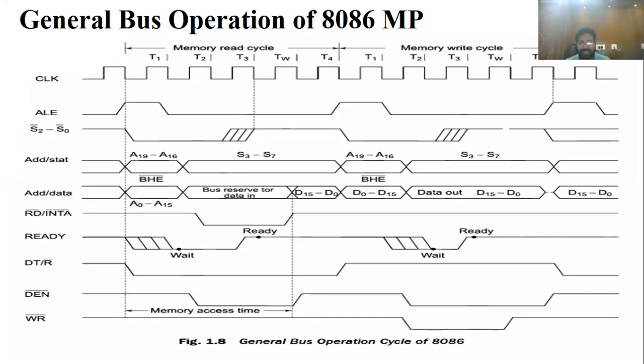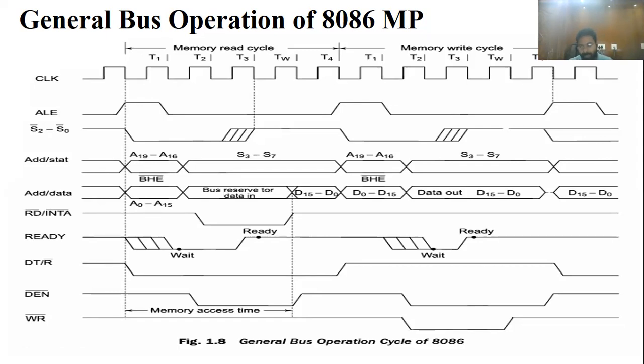So who supplies the clocks to each and every operation? The timing and control unit will supply the clocks to each and every operation performed by the microprocessor. Each and every operation has a fixed number of clocks. For a read cycle, it has a fixed number of 4 clocks. If it is a write cycle, it has a fixed number of 4 clocks.